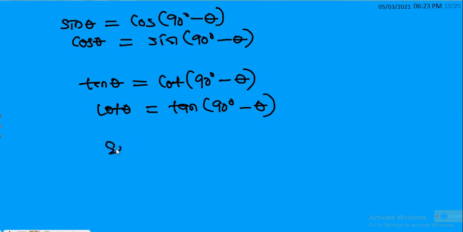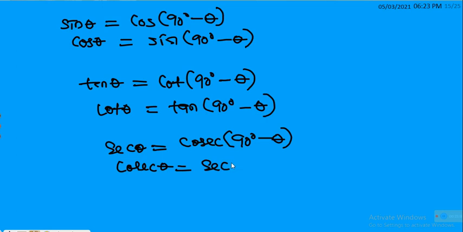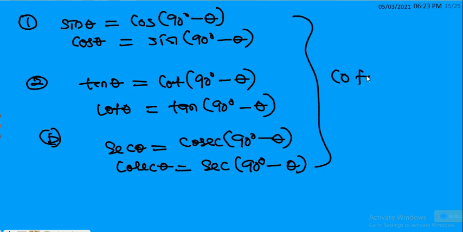And lastly, we have sec theta equals cosec of 90 degrees minus theta, and cosec theta equals sec of 90 degrees minus theta. Okay, so this expression we have just written down is called cofunctions. It is always true, and they are called cofunctions.